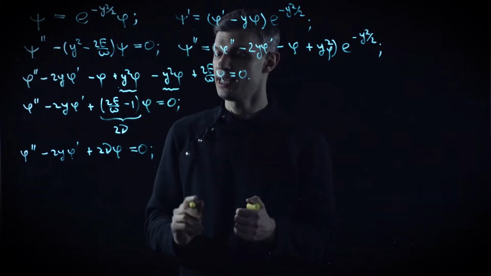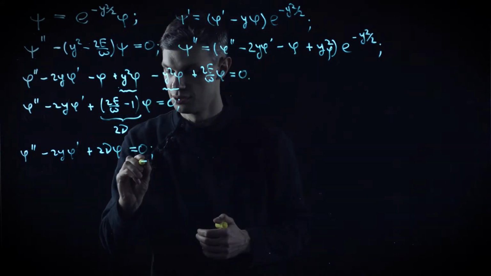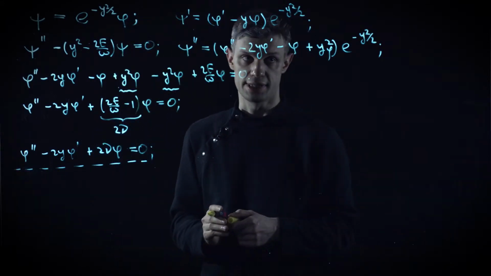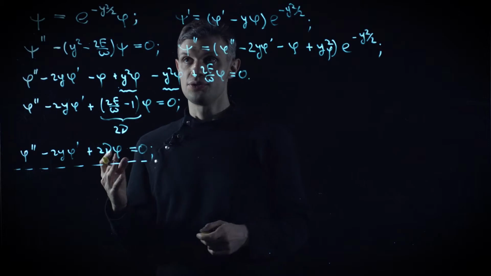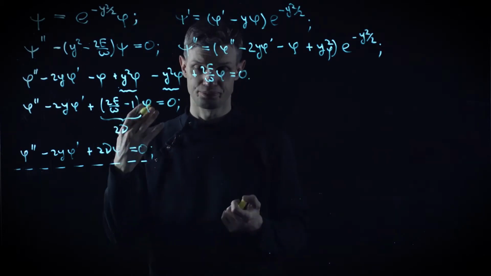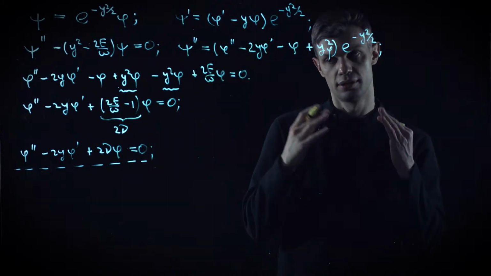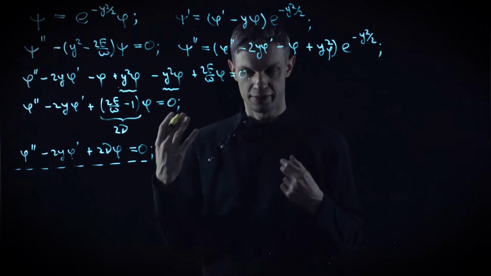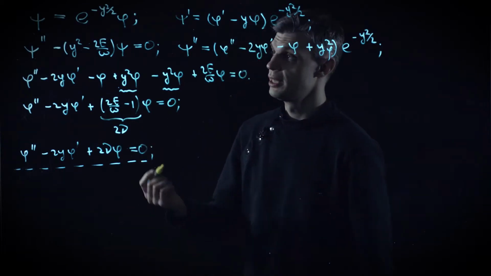And now let's investigate the structure of this equation and its asymptotics. As you remember, we are interested in the bounded solution because we are looking for solutions which describe the oscillations of the particle in a potential well. So the wave function should be bounded.